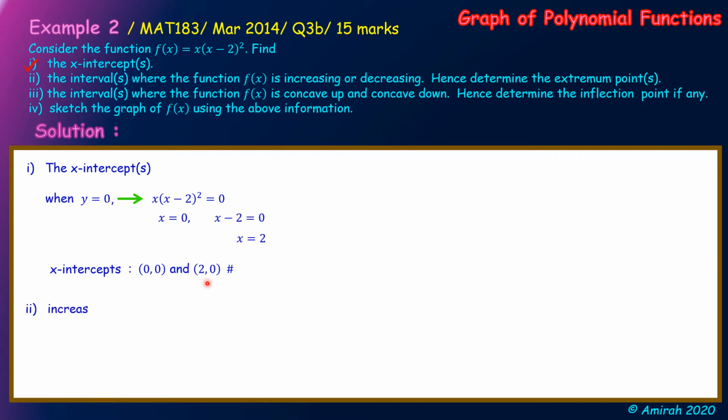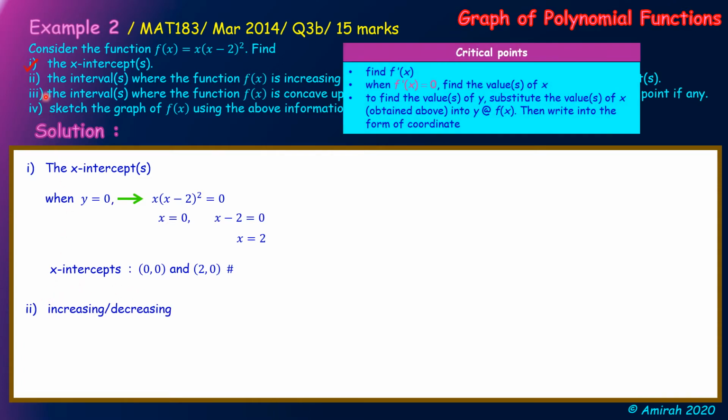And then number 2. Find the interval where the function is increasing or decreasing. First, we can find the critical points, because they can help us find the extremum points.